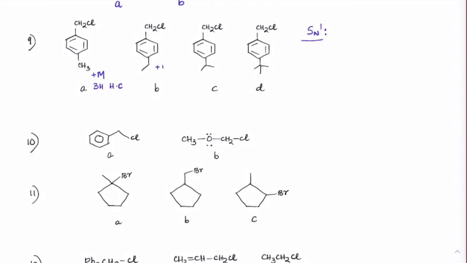Here also it can give plus I, not plus M, sorry, plus I with 2 hydrogen hyperconjugation, and on a benzene ring hyperconjugation is a very important factor. So here also plus I with only 1 hydrogen hyperconjugation. Here there is no hyperconjugation, only plus I.